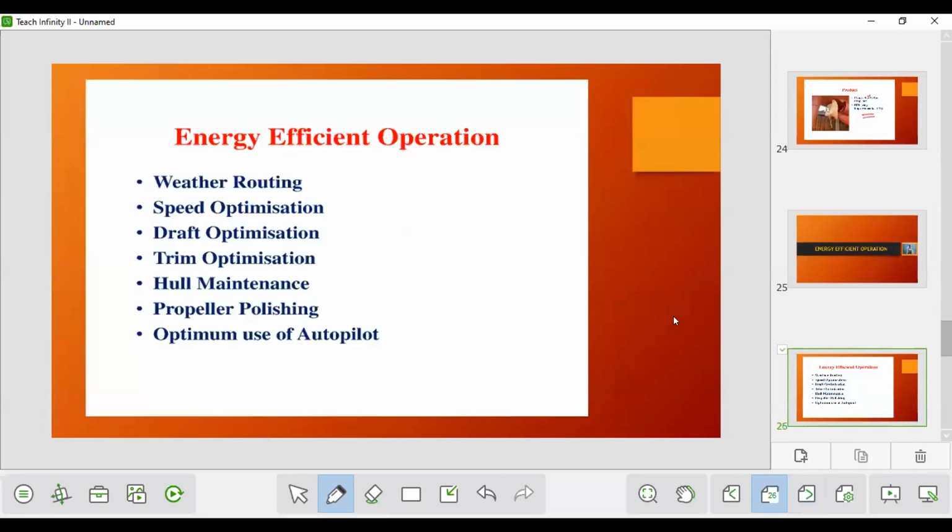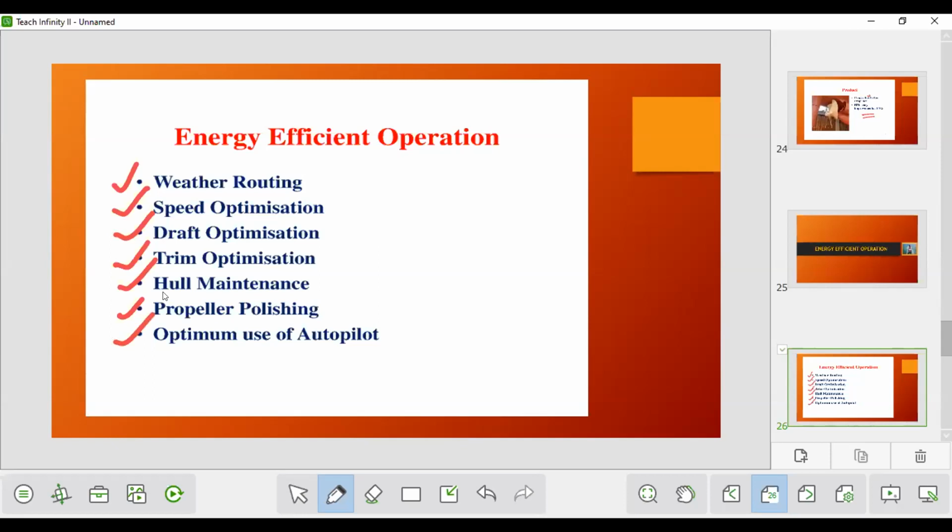Now, these are the various methods or techniques by which we can operate the vessel in an energy efficient manner: weather routing or speed optimization, draft optimization, trim optimization, then hull maintenance, propeller polishing, and optimum use of autopilot.